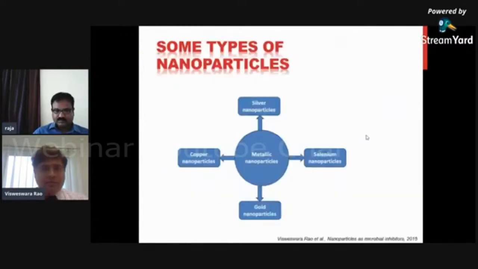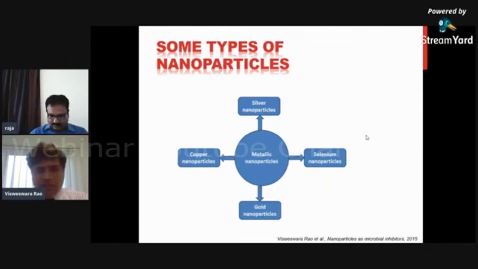Here are some types of nanoparticles which we usually use: silver nanoparticles, copper nanoparticles, gold nanoparticles, and selenium nanoparticles. Not only these; I have given just four types for your understanding.